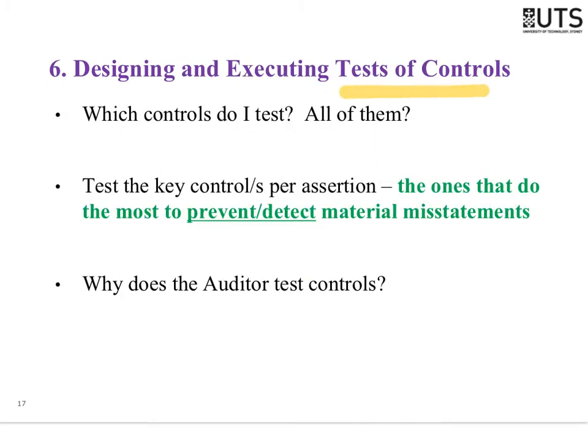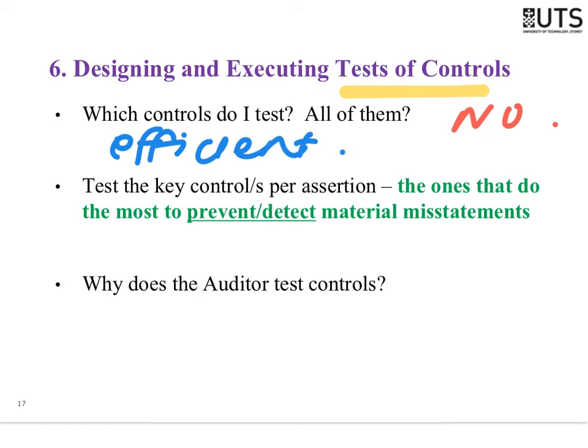Now, when we talk about tests of controls, here's the question for you. Do we test every single control? Yes or no? No. Ladies and gentlemen, the key word is you want to be efficient. You want to be efficient. And I think I've shown you this before, but the best way to think about this is to be visual.